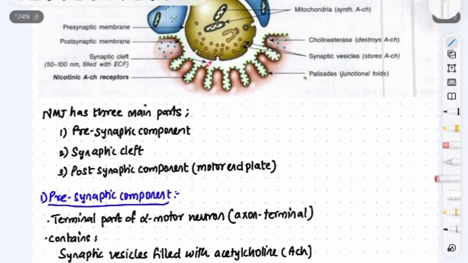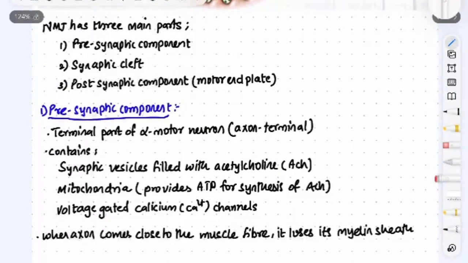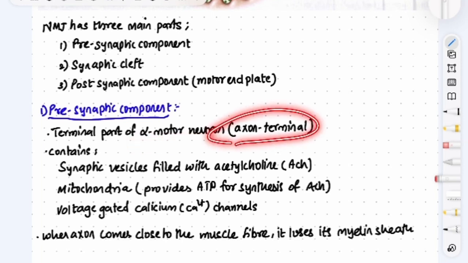Now, this neuromuscular junction has three main parts. It has a presynaptic component, a synaptic cleft, and a postsynaptic component. This presynaptic component is nothing but the terminal part of the alpha motor neuron, also known as the axon terminal. We'll be discussing the types of neurons in the upcoming videos. For now, remember, this terminal part of the alpha motor neuron is the axon terminal, which is involved in this neuromuscular transmission.